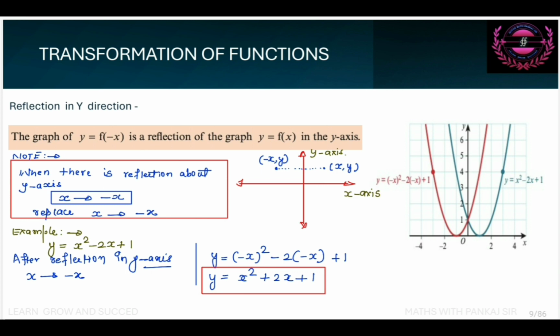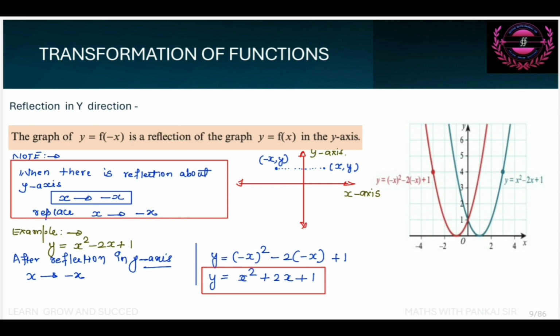I hope you understood the concept of transformation. There were three types of transformations: translation, stretching, and reflection, both in x and y directions. We have understood that whenever there is translation or stretching in x direction, we will replace x with x minus a and with x upon stretch factor respectively.